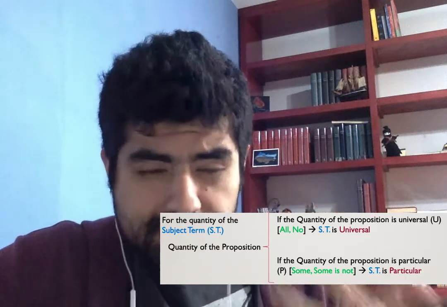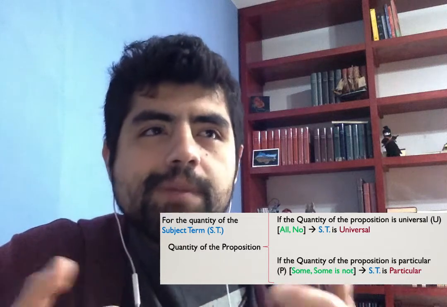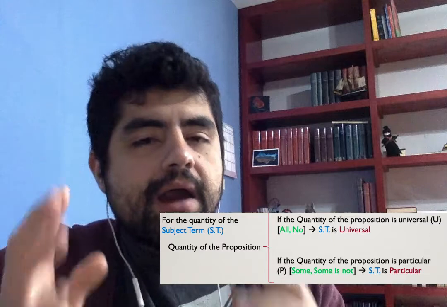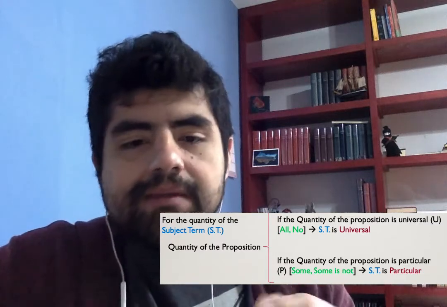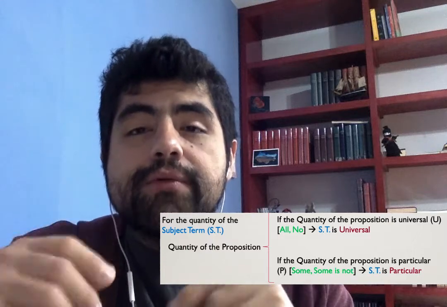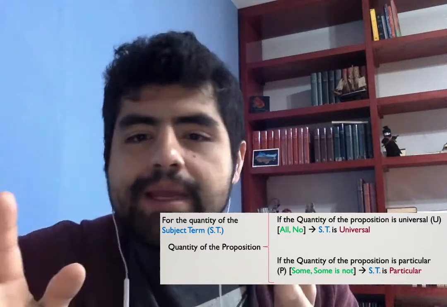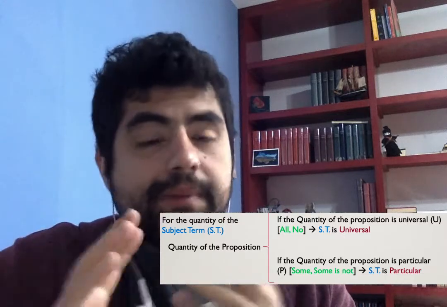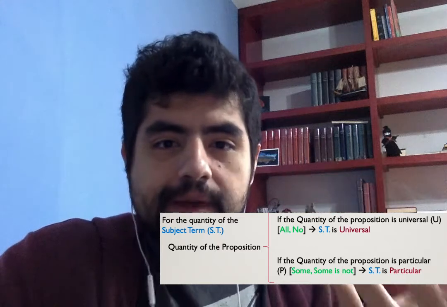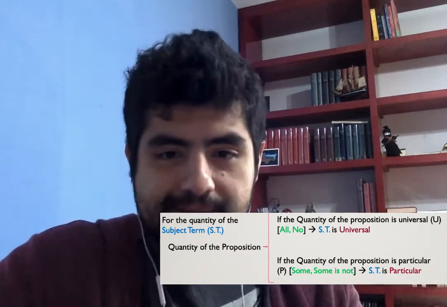If the quantity of the proposition is particular, therefore the quantity of the subject term is going to be particular. For example, some students of logic are amazing. In this case, it is really clear that we are stating this only for some students of logic, the subject term, so the subject term in this case is particular. So, in other words, the subject term quantity is the same as the categorical proposition quantity.